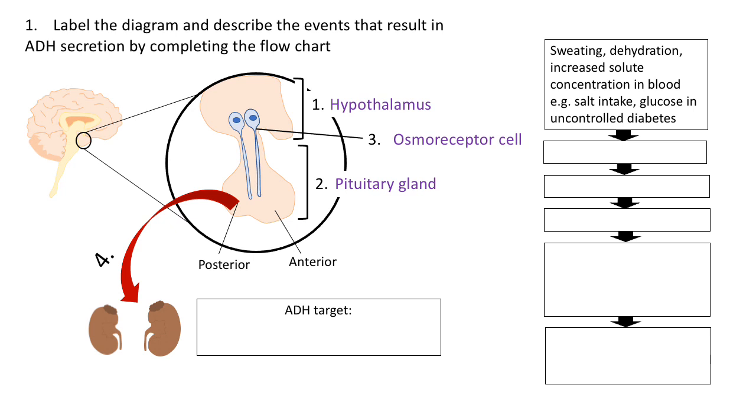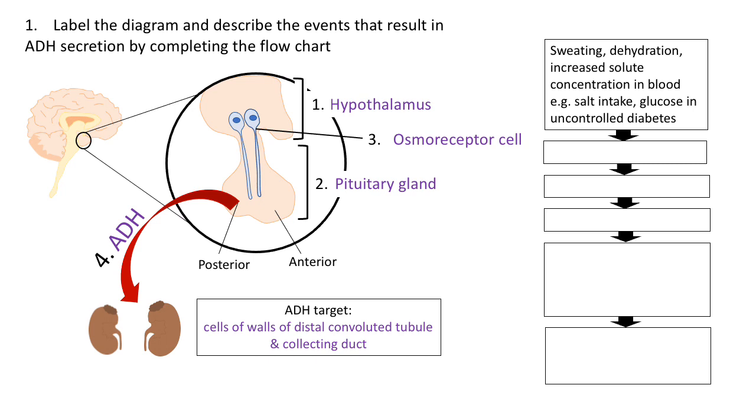And then 4 is antidiuretic hormone, that being secreted from the posterior pituitary into the blood, and its target organ is the kidney, specifically tissues in the kidney, and those specific targets are cells of the wall of the distal convoluted tubule and collecting duct.